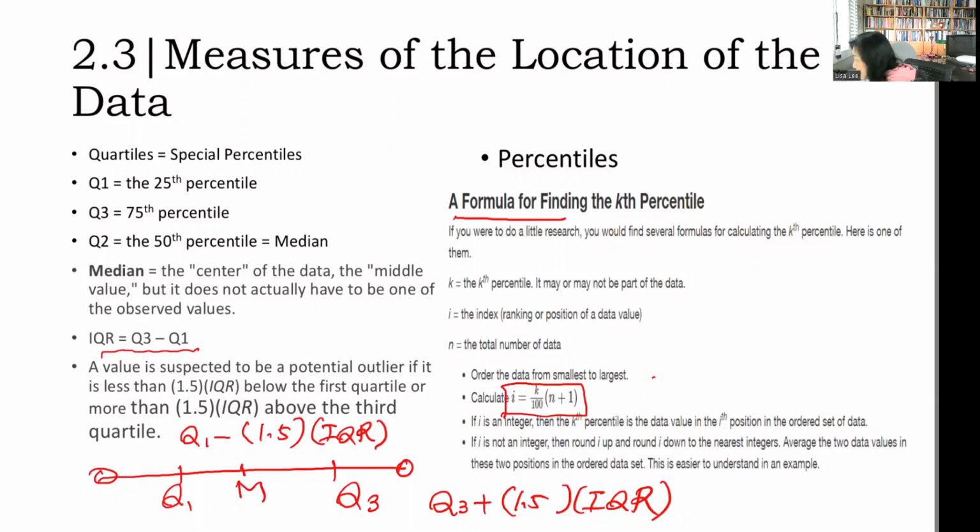Then take the average of the two data values in these two positions. This is easier to understand in an example. We continue, look at the example on the next slide.